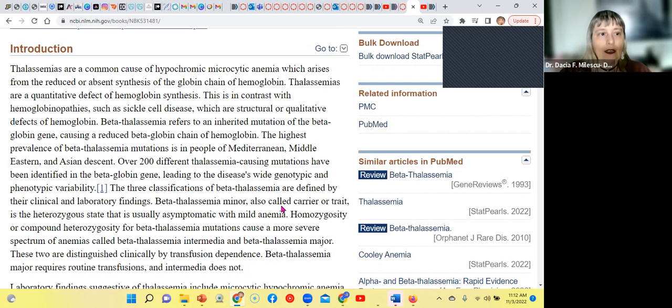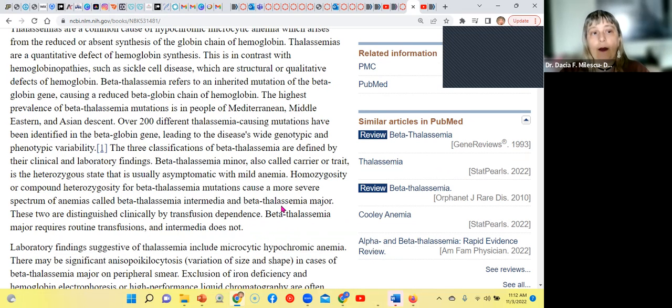In contrast with other hemoglobinopathies, such as sickle cell disease, which are completely structural, beta thalassemia refers to the mutation of the beta globin gene, which then causes a reduced beta globin chain of the hemoglobin, and therefore its structure is not as severely damaged as in sickle cell, but nonetheless, the beta chain of the hemoglobin is affected.